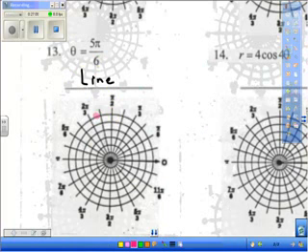So 5 pi over 6 is right here, and you just draw your line all the way through. And you're done.